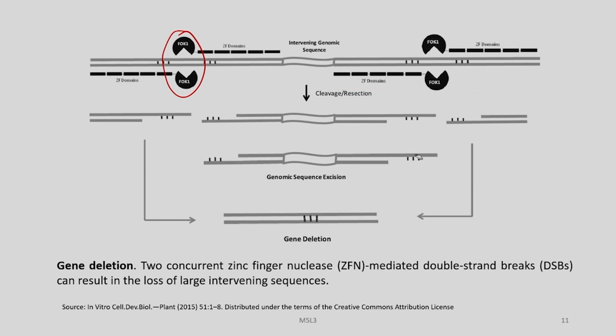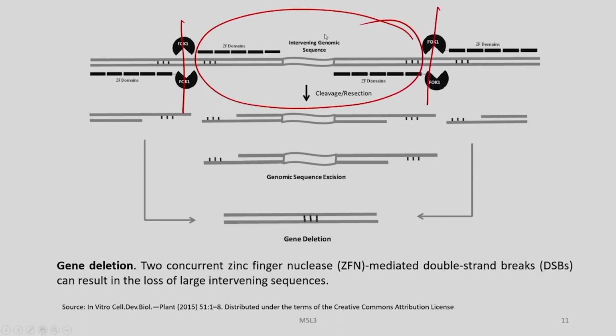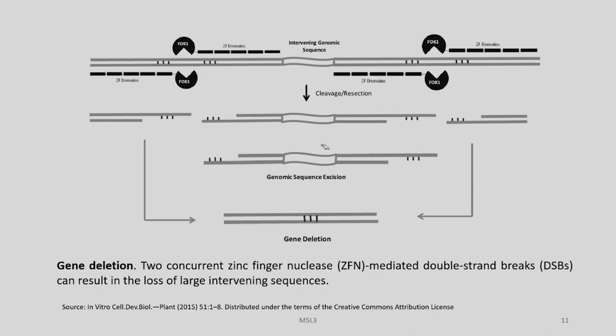It is obvious that if we have a cleavage here and a cleavage here, this intervening sequence will be lost or deleted, and that is exactly what is happening over here.